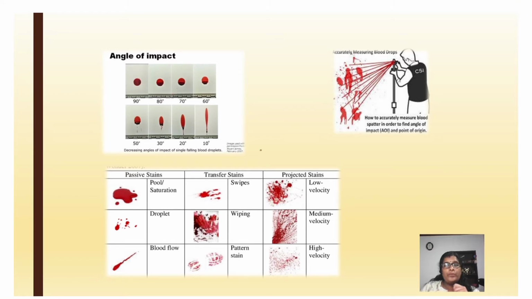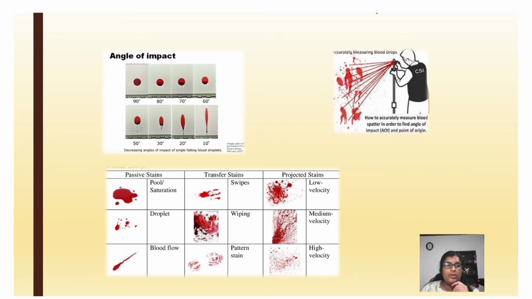These are blood patterns, blood spatter. In blood spatter analysis, what they look at is the pattern of blood, how it is arranged on the floor or wall, which the investigating officer will check.